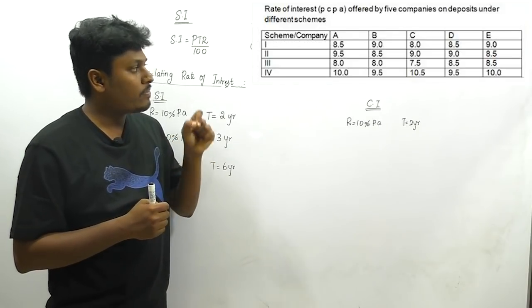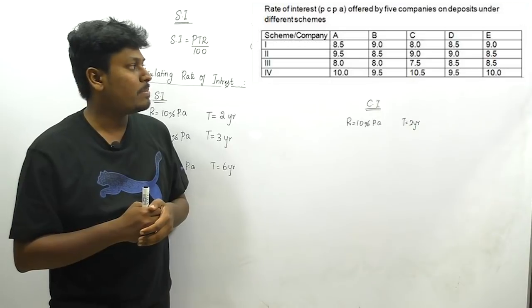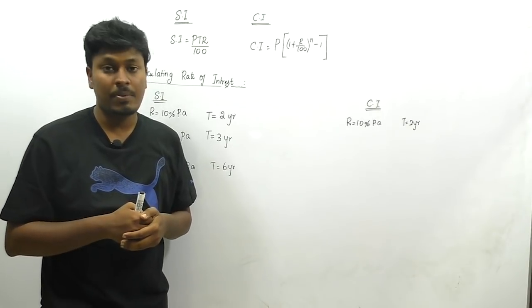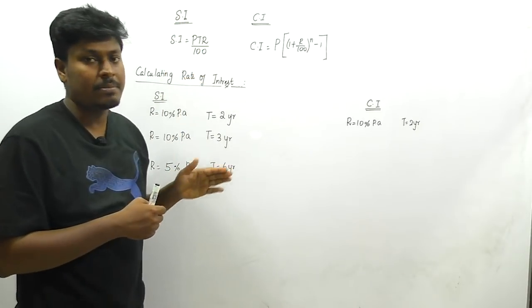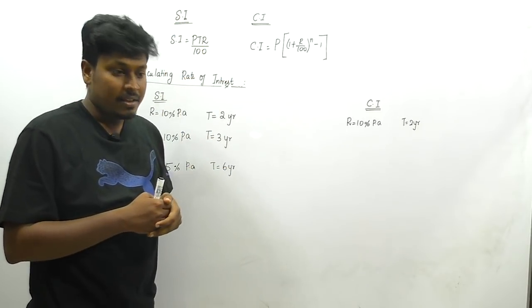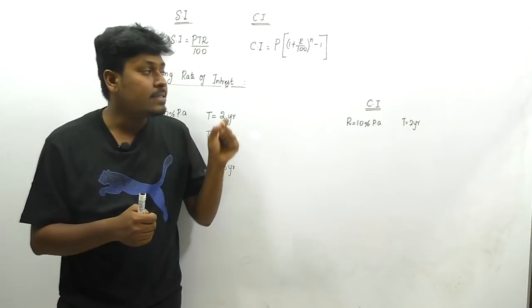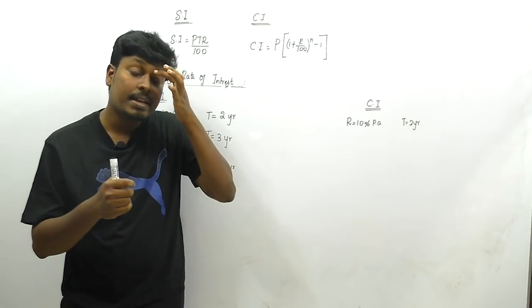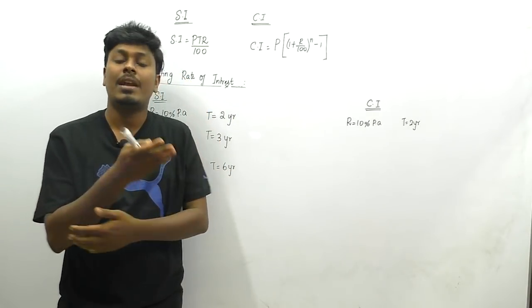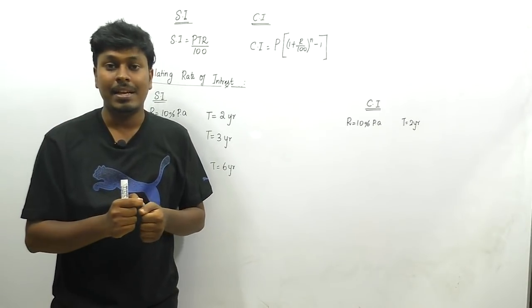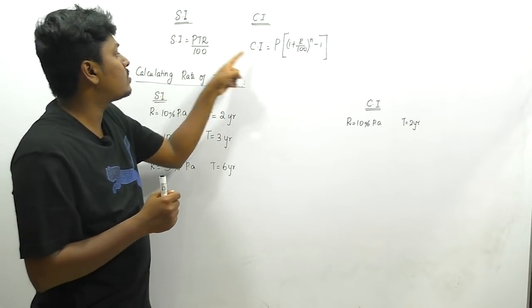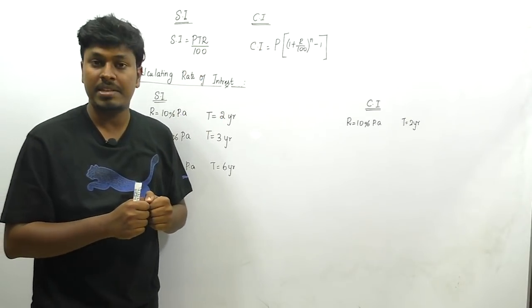So friends, before moving on to this data interpretation question, I just want to say one thing that everyone knows: these are the 2 formulas, the simple interest formula and the compound interest formula, right? Friends, if you need to crack these types of questions in an exam, mainly upcoming SBI PO or IBPS PO 2016, you should know one thing: you should not use these 2 formulas to solve this data interpretation question.